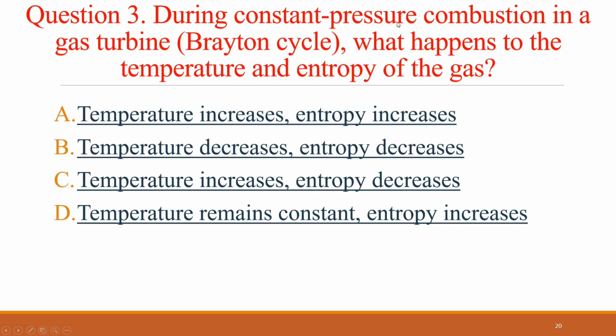Question 3. During constant pressure combustion in a gas turbine Brayton cycle, what happens to the temperature and entropy of the gas? The correct answer is temperature increases, entropy increases.